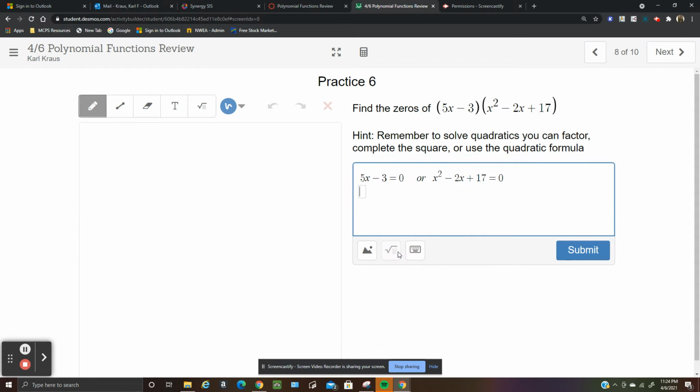So in the first equation, add 3 to both sides, and then divide by 5. And then here you need to use the quadratic formula or complete the square. So I'm going to go ahead and use the quadratic formula.